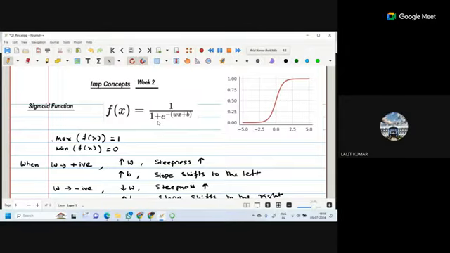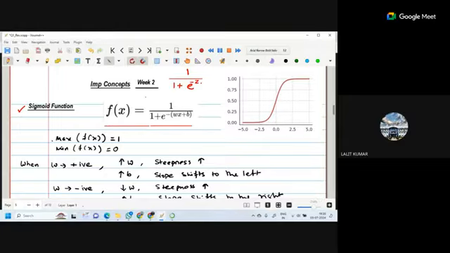Okay. Week 2, the important concept, the first concept was the sigmoid function. The sigmoid function is f(z) equal to 1 divided by 1 plus e to the power minus z. Here I will cover some points because there might be questions.